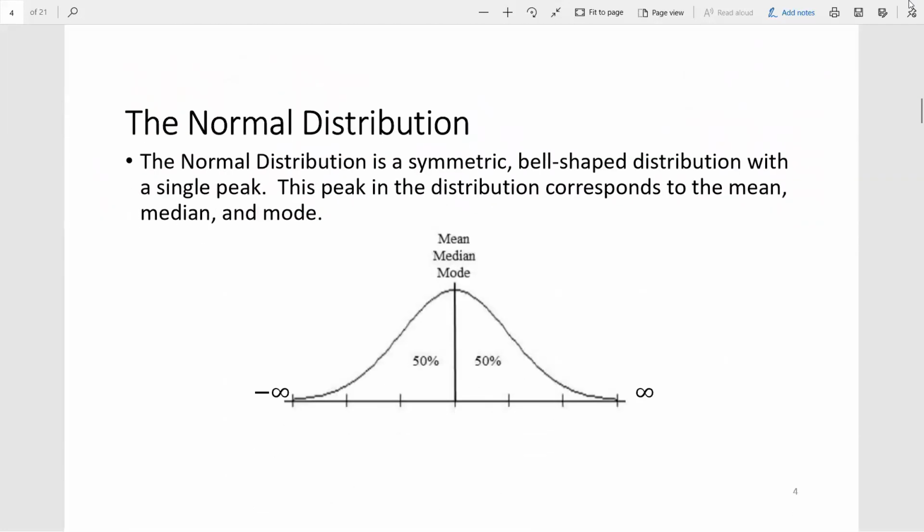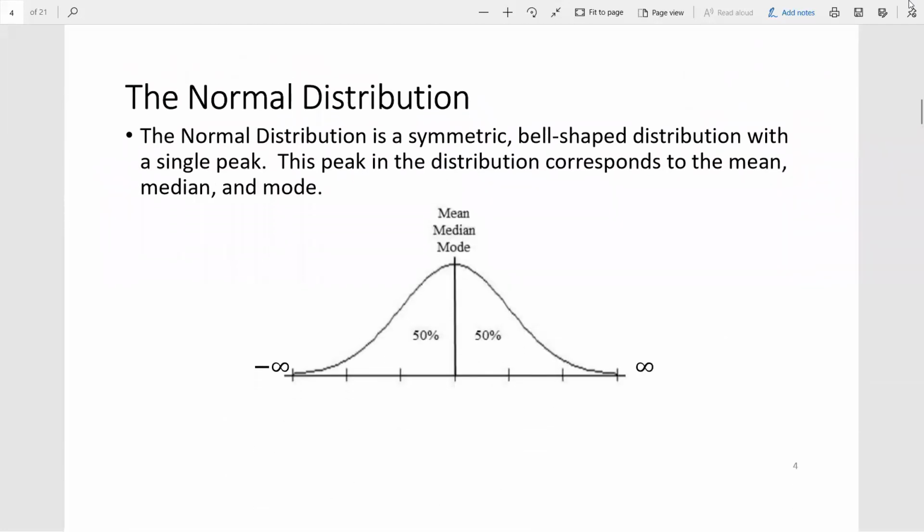Now we're going to talk about the normal distribution in general. The normal distribution is a symmetric bell-shaped distribution with a single peak. This peak in the distribution corresponds to the mean, the median, and the mode, which are all the same. And notice that 50% of the data is to the left of the mean, 50% is above the mean.